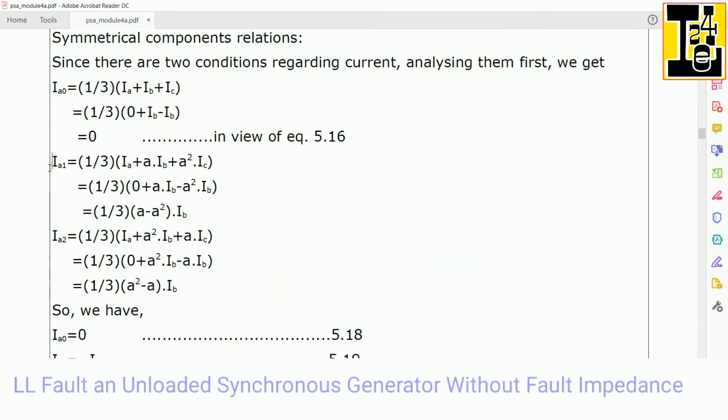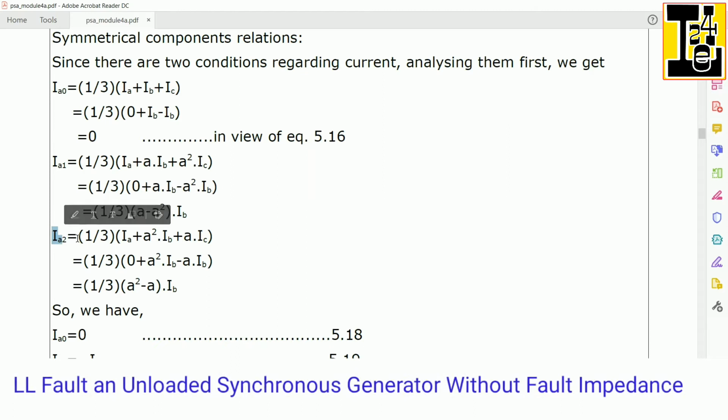Next, IA1 is equal to 1 by 3 into bracket IA plus A IB plus A square IC. Substituting for IC as minus IB and solving it, we get IA1 is equal to 1 by 3 into bracket A minus A square into IB.